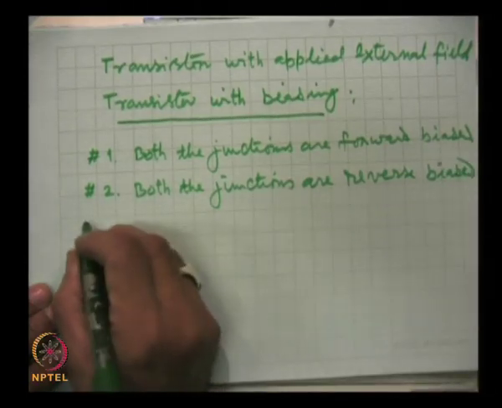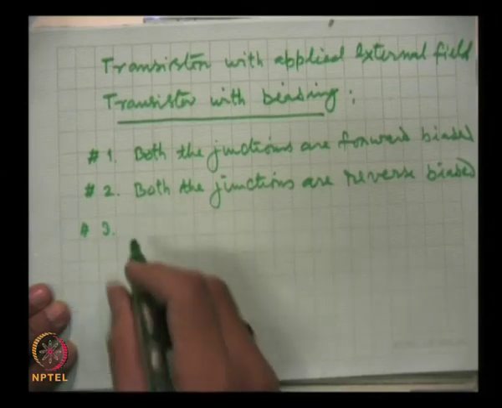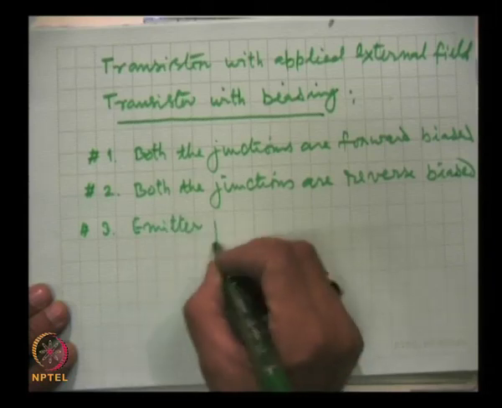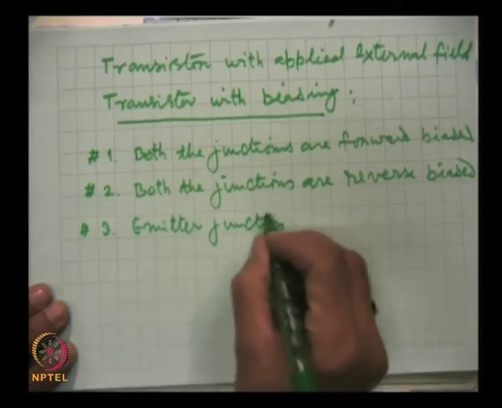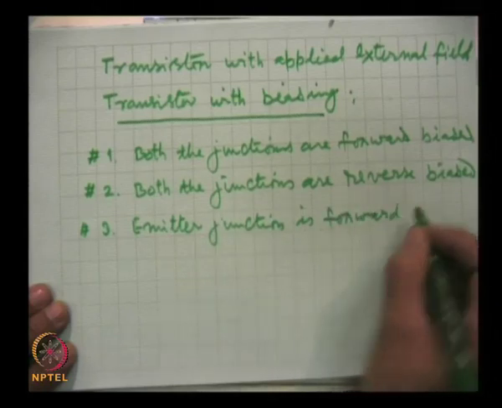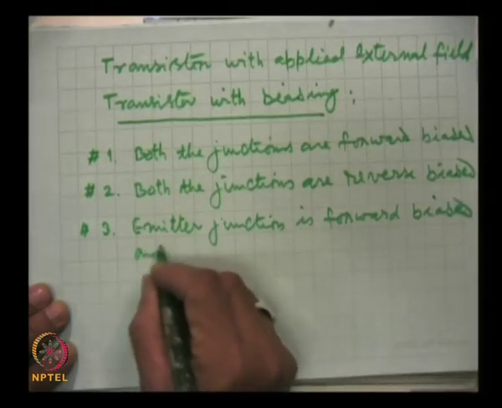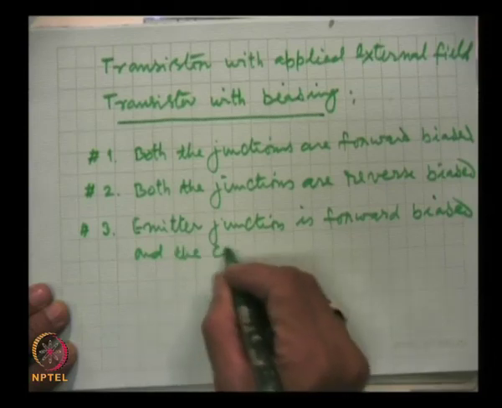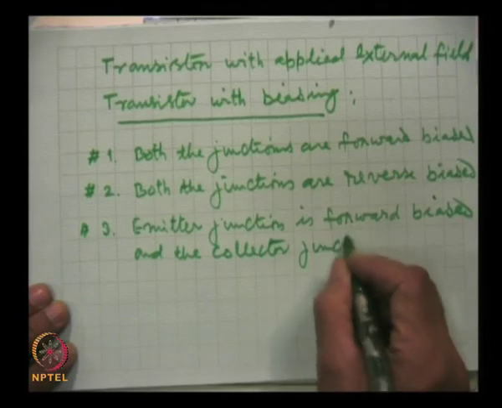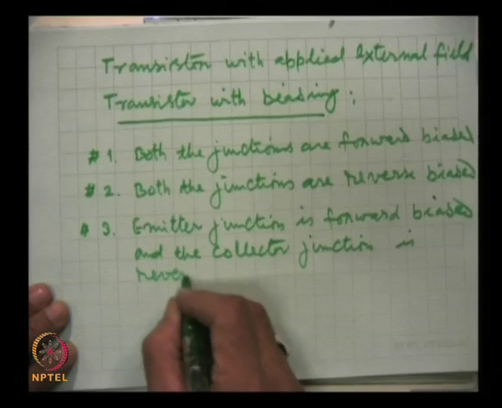And the third scheme is when the emitter junction is forward biased and the collector junction is reverse biased.